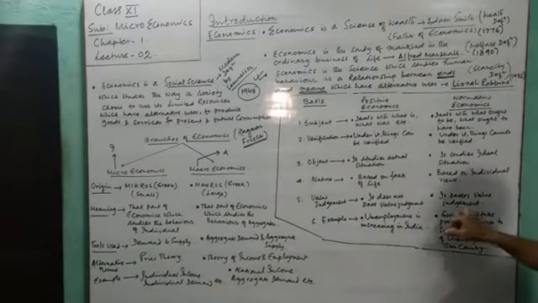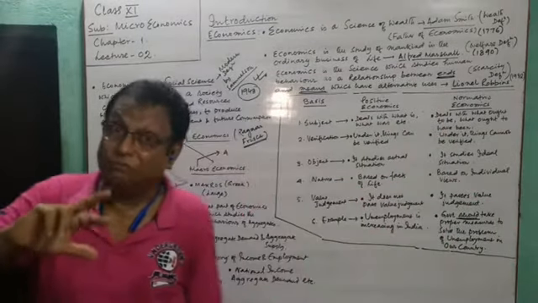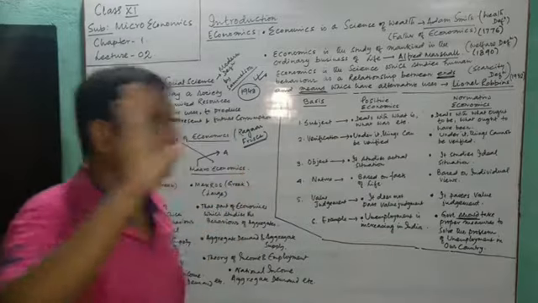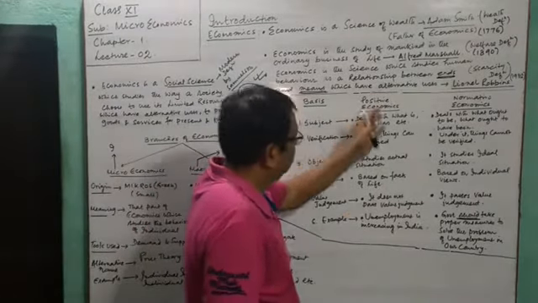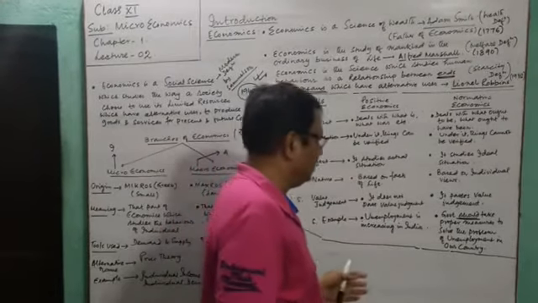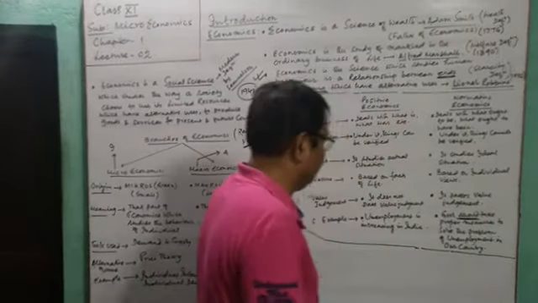But normative economics passes value judgment. ऐसा नहीं करना चाहिए था. We are talking about value. It is not good. So positive economics does not pass any value judgment, whereas normative economics passes the value judgment.